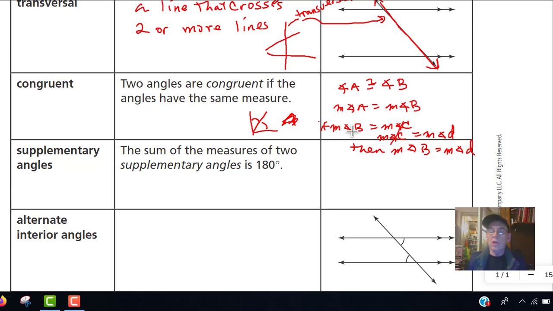The C connects together and leaves B and D linked together as having equal measures.